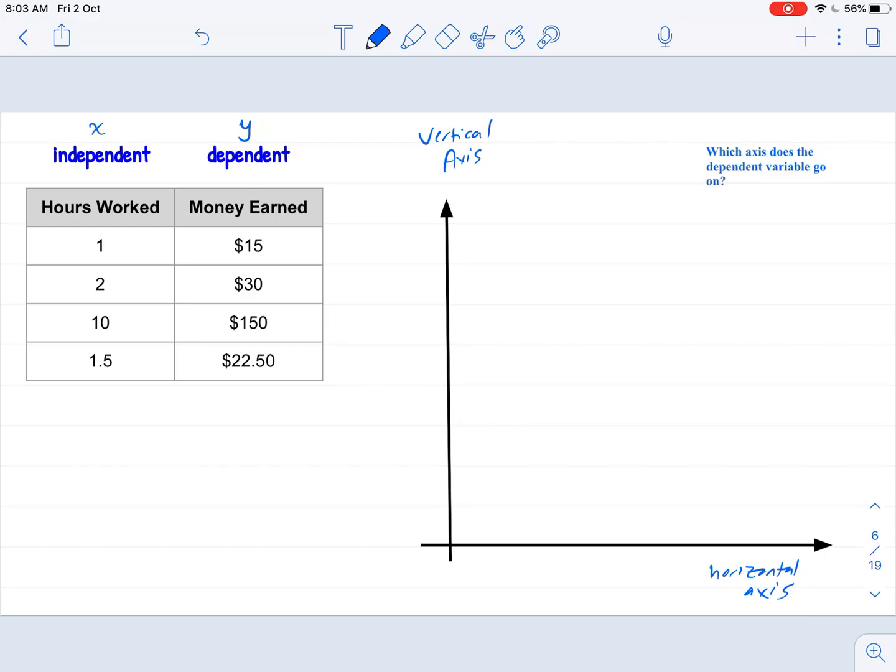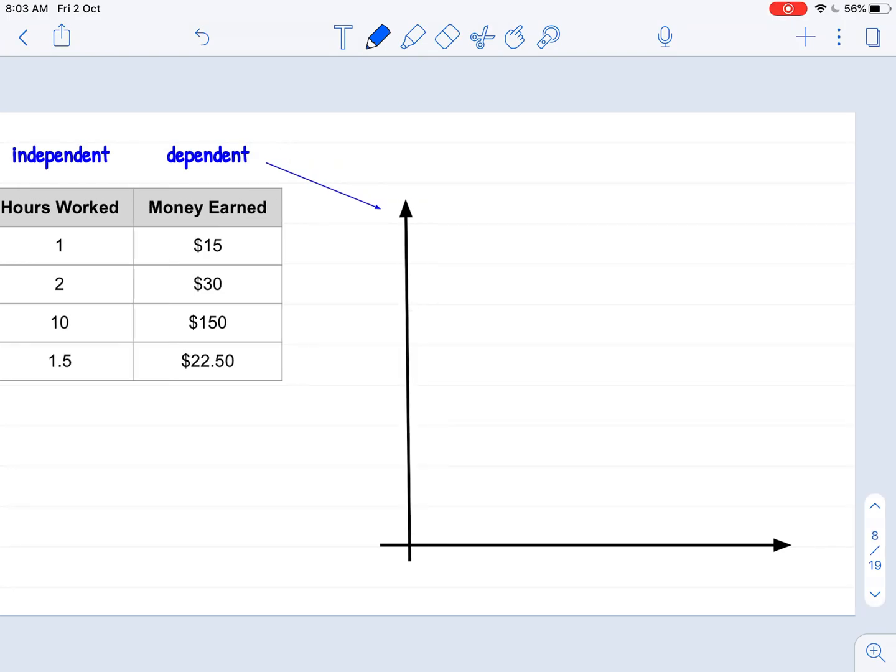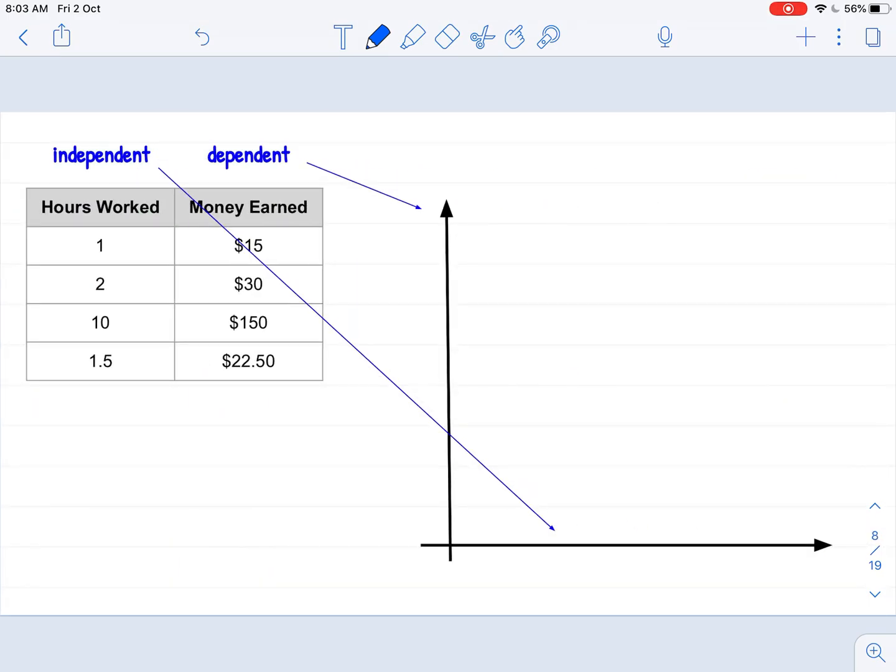All right, the correct answer was on the vertical axis, which means that my independent variable is going to go on the horizontal axis. And remember, normally the independent variable is my x and the dependent variable is my y. When I'm graphing in mathematics, x is going to be the horizontal axis, and y is going to be the vertical axis. And that's where the independent and dependent variables go.